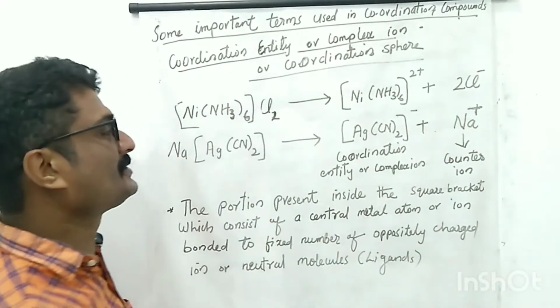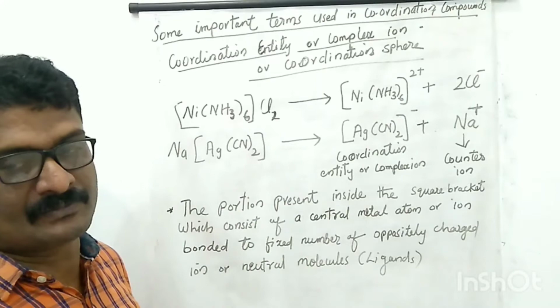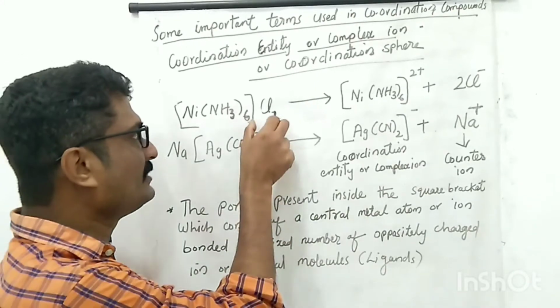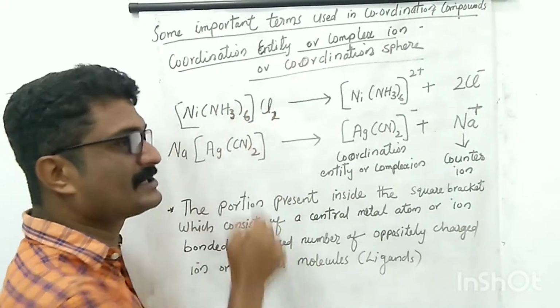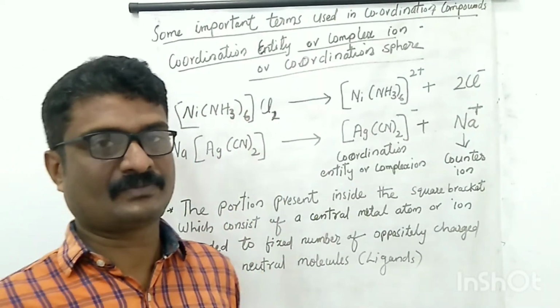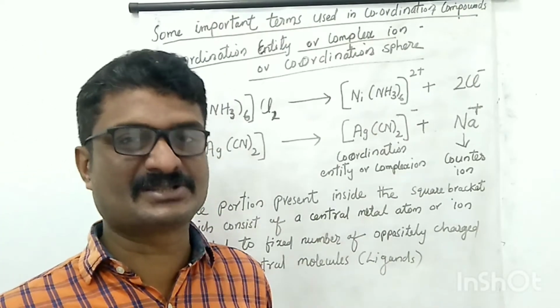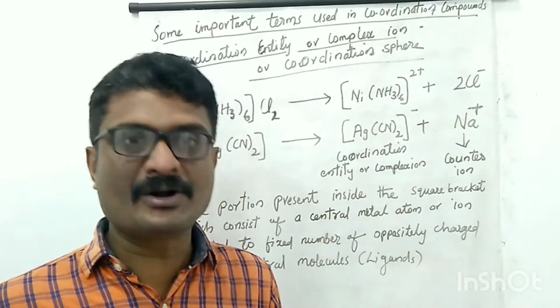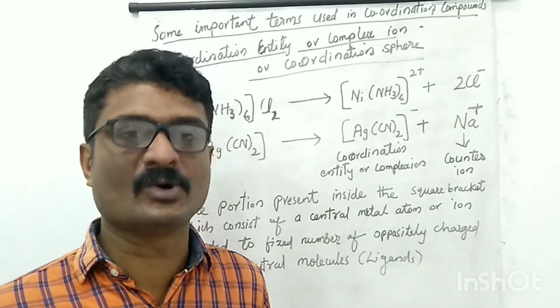The bond between these two portions, the force of attraction operating between the portion present inside the bracket and the portion present outside the bracket, is an ionic bond. We know when an ionic compound is dissolved in water, the ionic bond breaks to form oppositely charged ions.